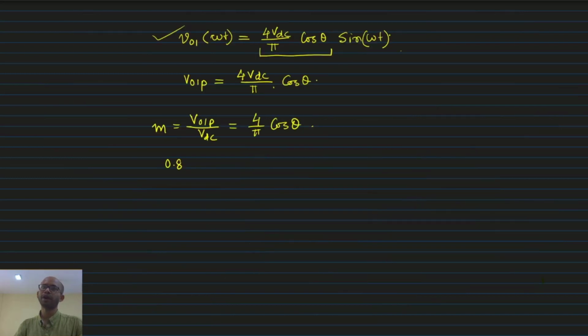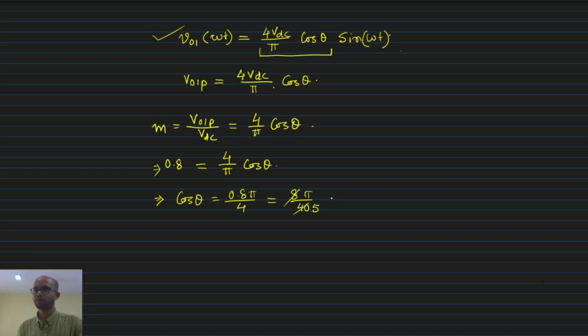Modulation index is 0.8, which equals 4 by pi cosine of theta. So we can write cosine of theta equals 0.8 pi by 4, that is 8 pi by 40, which equals pi by 5.